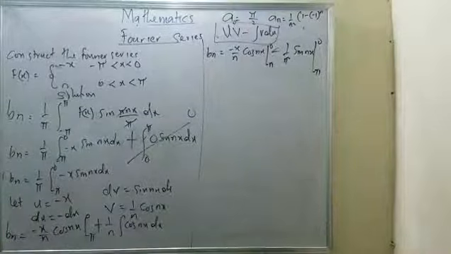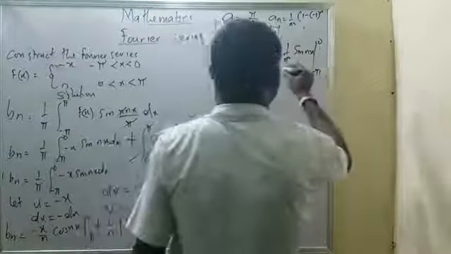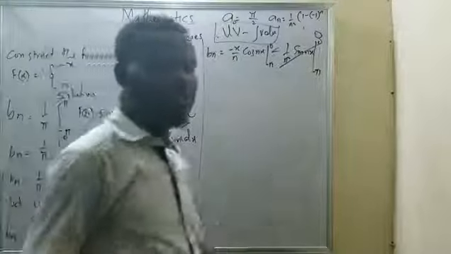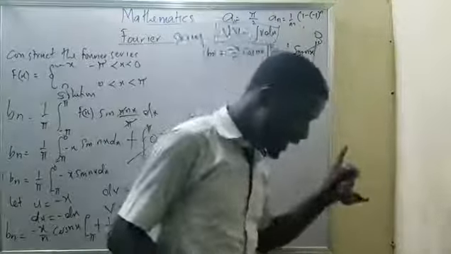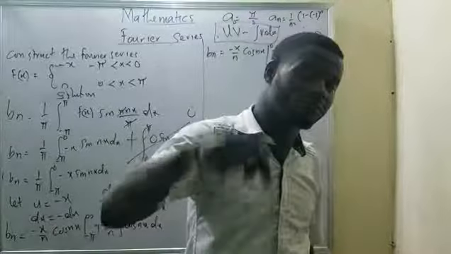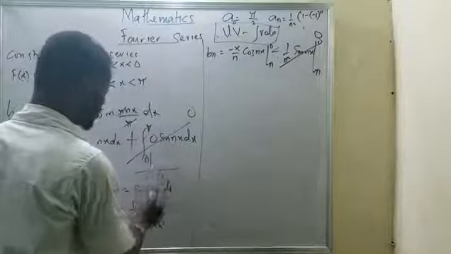Now I've successfully run through my integration by parts. Normally at the point of pi, sine will vanish, because sine 0 equals 0 and sine 180 equals 0.